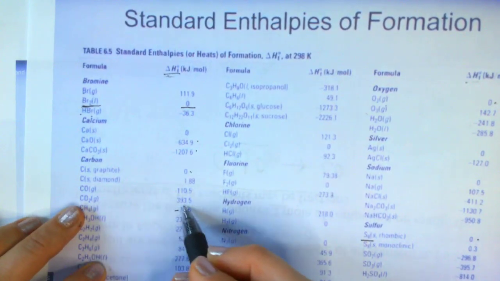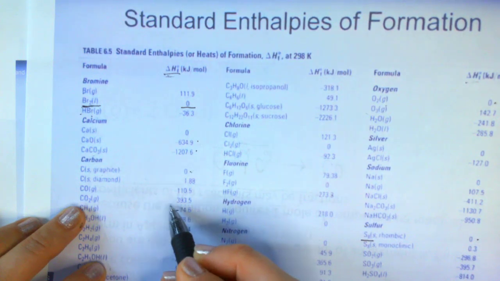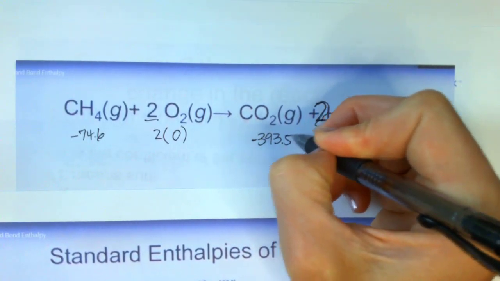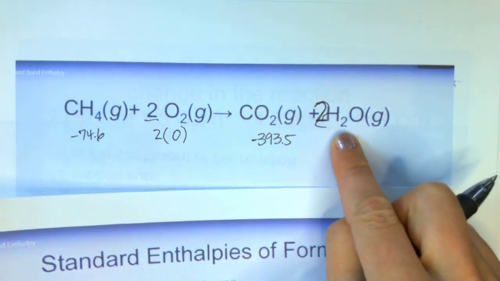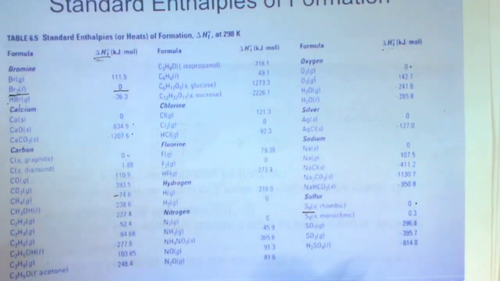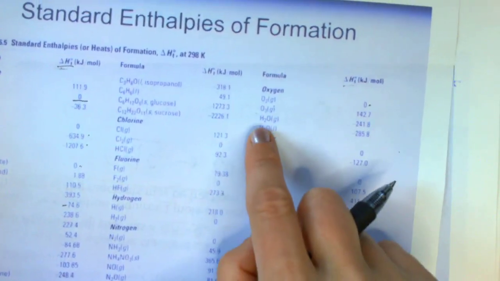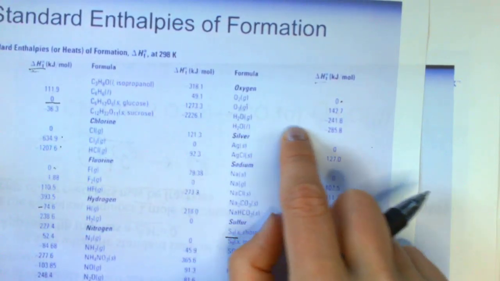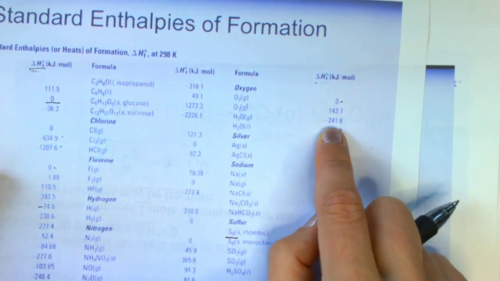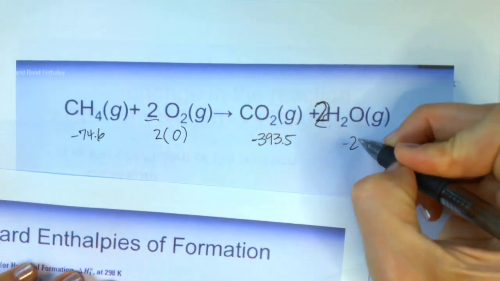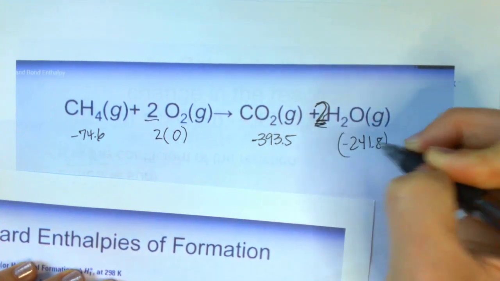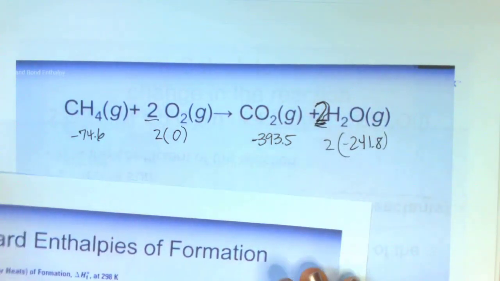CO2 in gas form is negative 393.5. And water, let's look up H2O. Is it liquid? Oh, it's gas. H2O is negative 241.8. And there's 2 of them because we had to balance that equation, so we need to multiply that by 2.